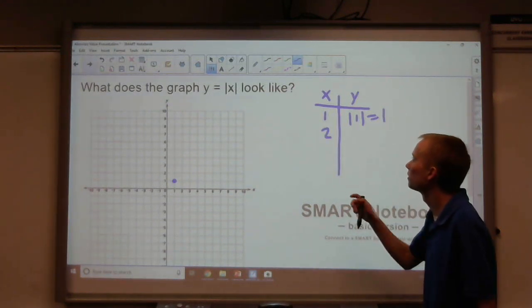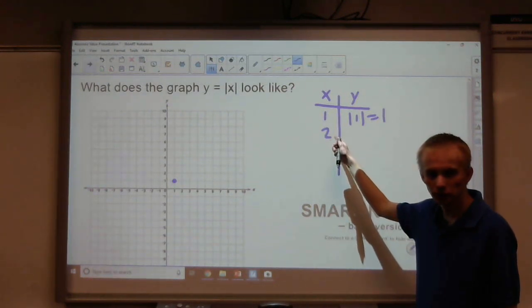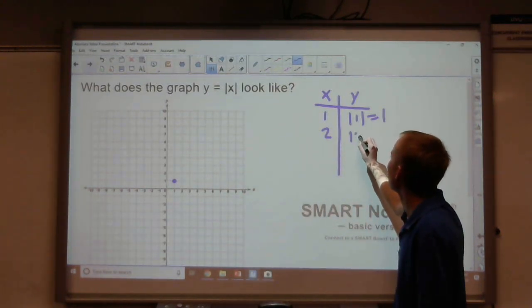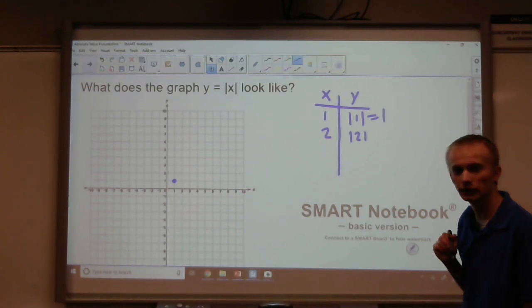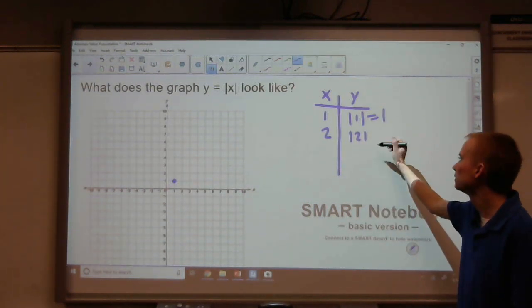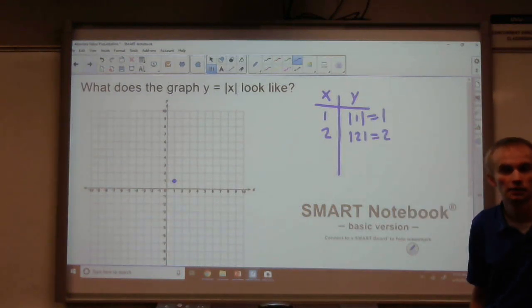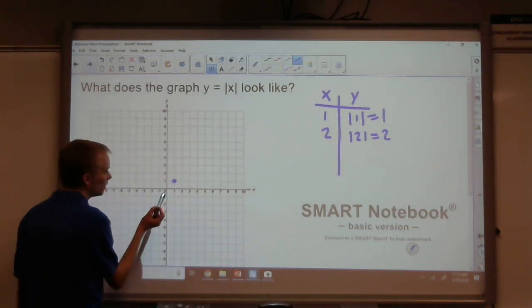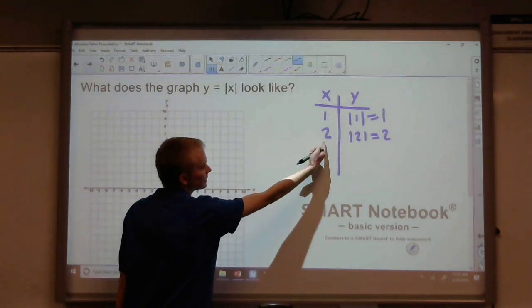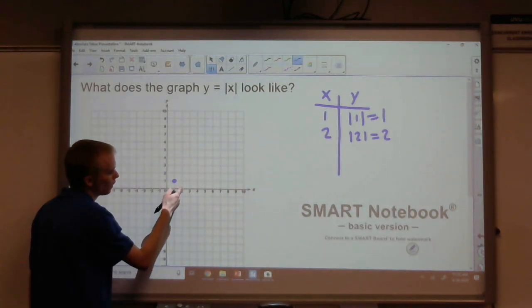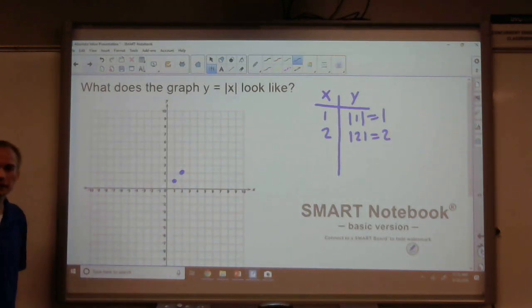Let's figure out another x value to plug in, maybe 2. Okay? Plug in 2 for x. For my y, I get absolute value of 2. Again, I'm doing absolute value of a positive number, so it's positive 2. Okay? So that tells me x is 2, y is 2, so I go 2 over, 2 up. I'm going to be at that point right there.